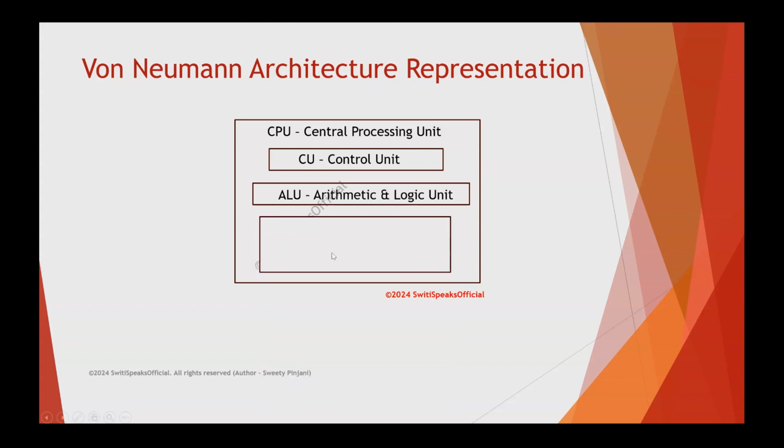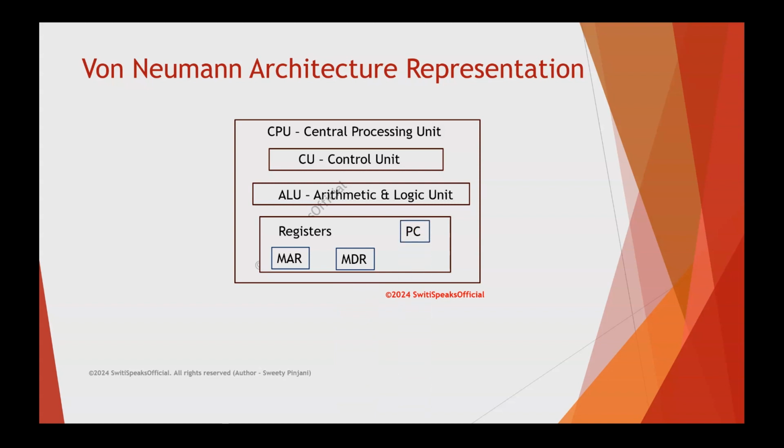After this, we have something called registers, and we saw that the registers can be of different types. First was the MAR, which is the memory address register. It carries the address. Then we have the MDR, which carries the data that will go to and from the memory.